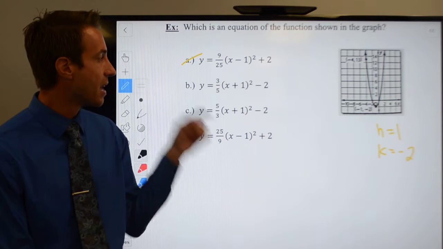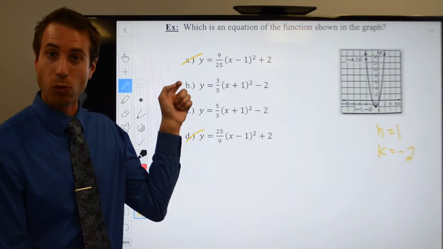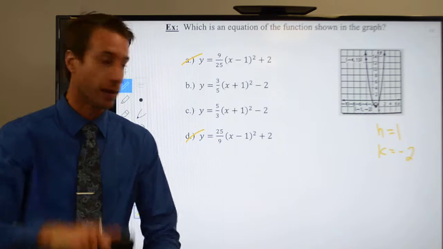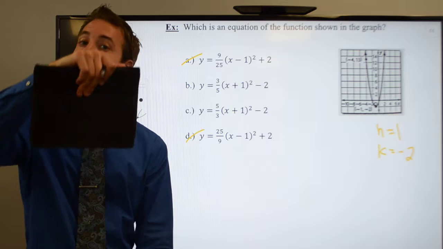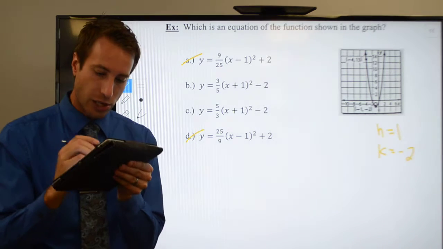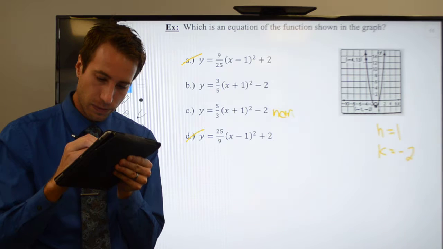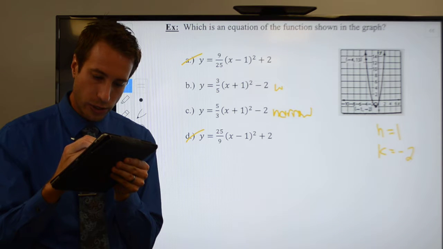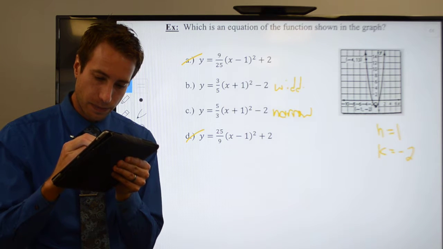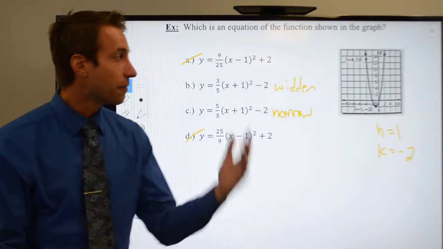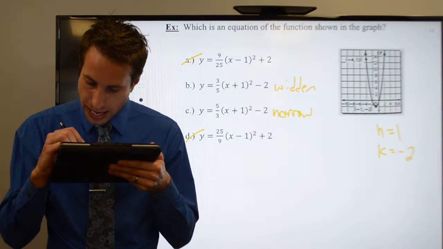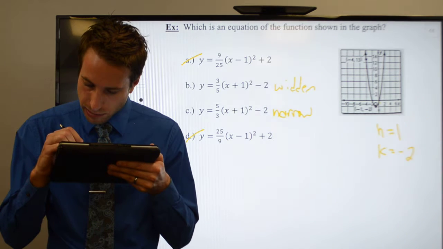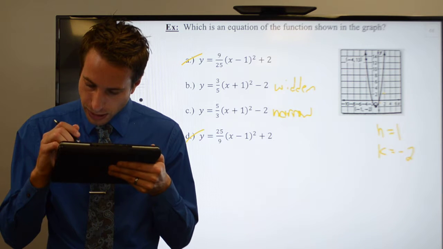So here's what's going to happen. This guy is going to be a number less than 1, which would be a vertical compression. This is going to be a number greater than 1, which would be a vertical stretch, right? So this one is going to narrow, and this one is going to widen. All I need to do is figure out which one I've got. Well, if I were to go ahead and do that, it looks like I would be there, and then let's see, 1, 2, 3, 4, no, right about there.